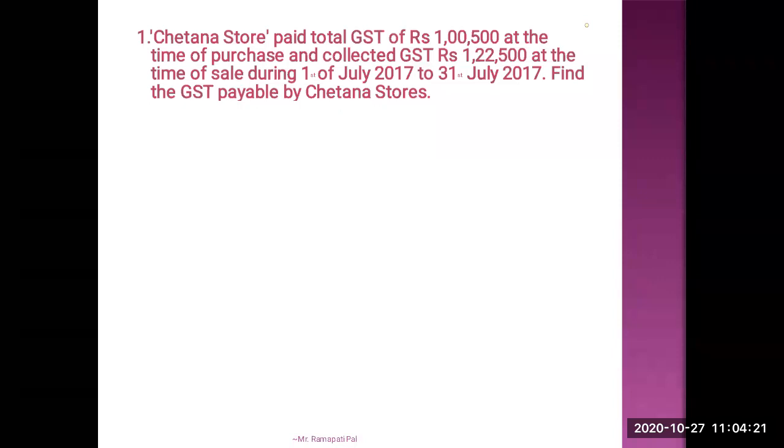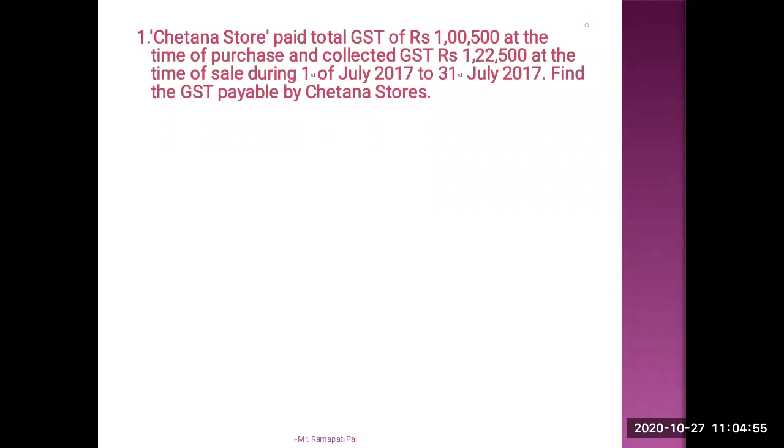So I'm asking that first of all you have to decide what is the input tax and what is the output tax. Correct. So what is the output tax here? Yes, correct. Now what is the input tax? Yes, correct. So we know that GST payable is equal to tax collected at the time of sale minus tax collected at the time of purchase.